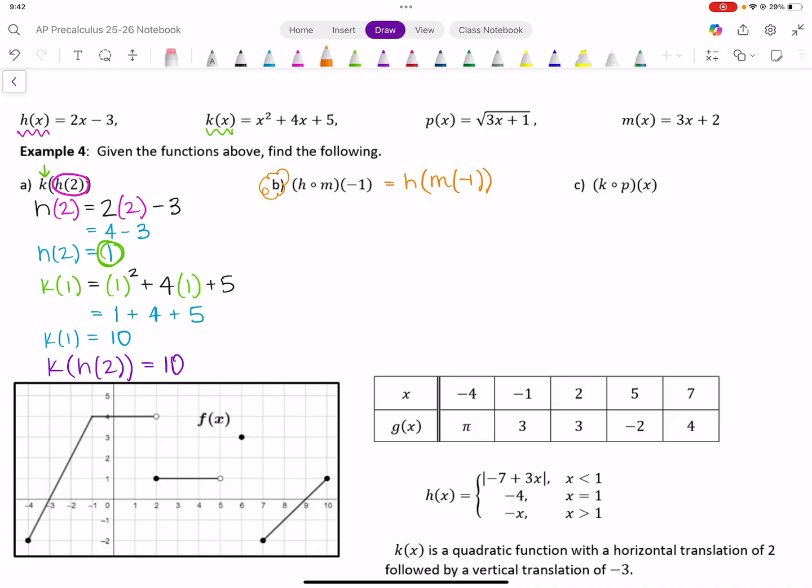So let's look at c together. So as I said, we can rewrite this composition as k of p of x. So since we have an x in there instead of a number, we're going to replace p of x with what it equals. So we get k of the square root of 3x plus 1.